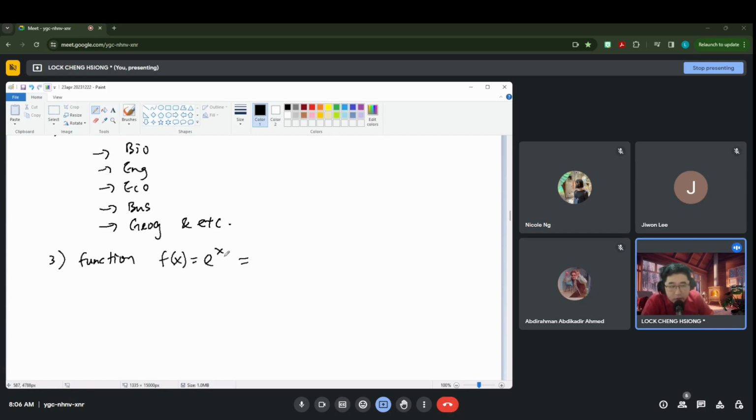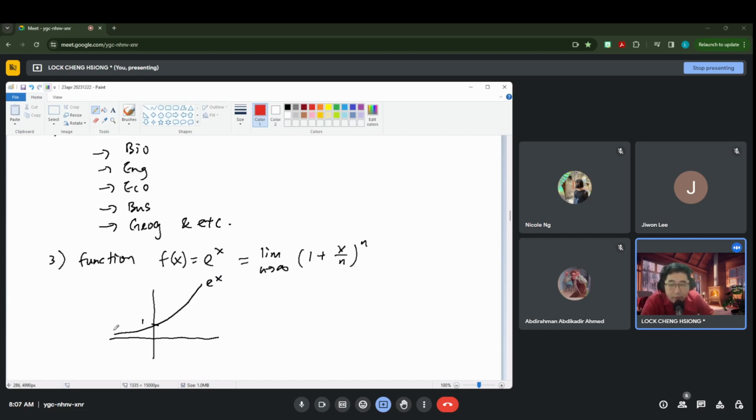Just like our indices rule, the a to the power x form, the e to the x here is defined as the limit as n goes to infinity of (1 plus x over n) to the power n. So it becomes a function. This function e to the x will follow a graph that looks like this, and we pass through 1.